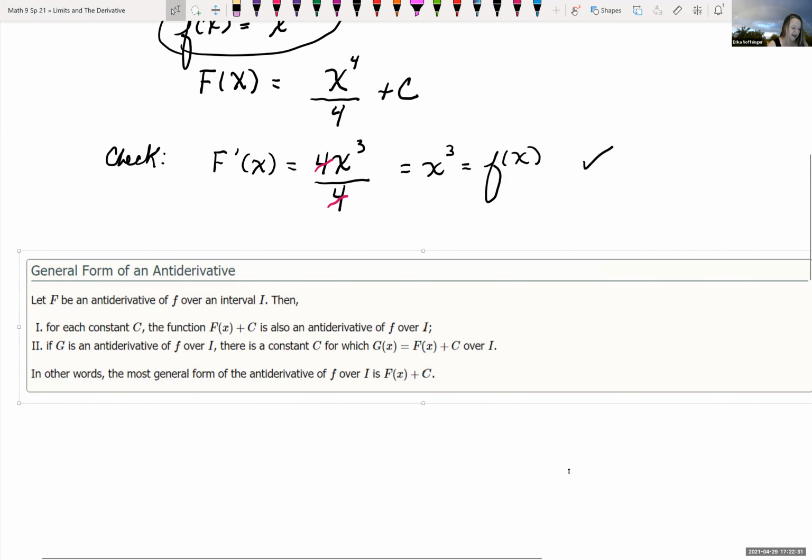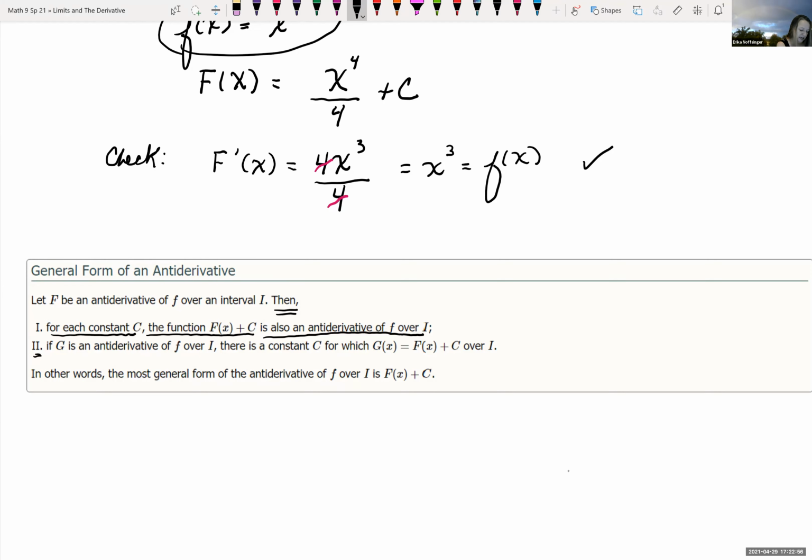So let capital F be an antiderivative of little f on some interval I. Then 1, for each constant c, the function capital F of x plus c is also an antiderivative of little f over that interval I, which we were just talking about, and I showed you geometrically why.